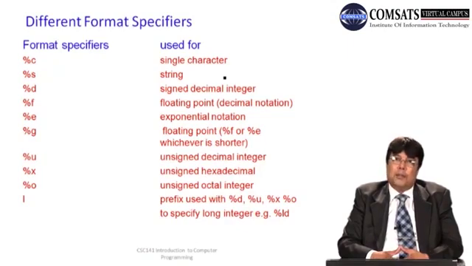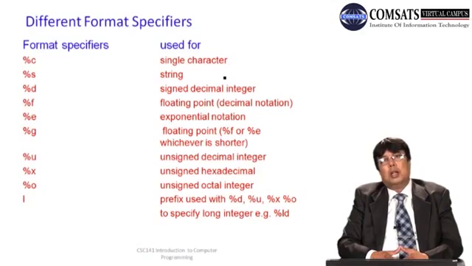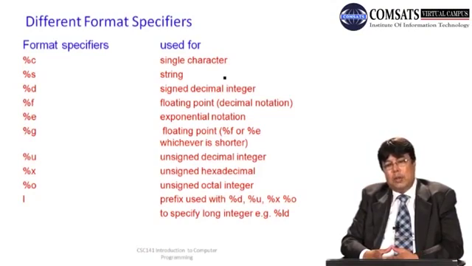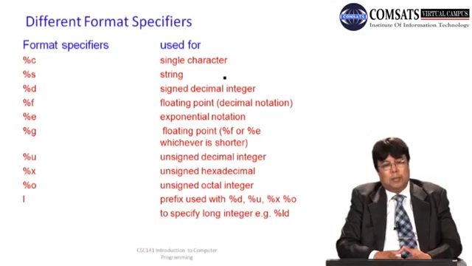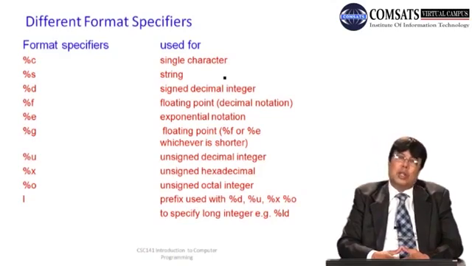Next, %f. डेटा टाइप कौन सा है? Float. Float के लिए we have got more format specifiers. %f, %g. तो डबल के लिए तो कोई ना हुआ. Yes. This %f, %e and %g are used to display float as well as double data types. %f यूज करते हैं float के लिए, डबल के लिए भी यूज कर सकते हैं आप. %e for exponential notation.